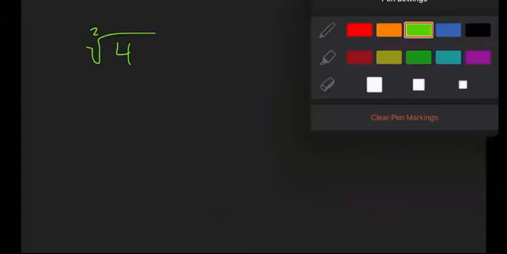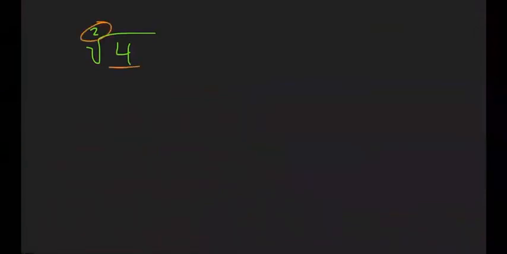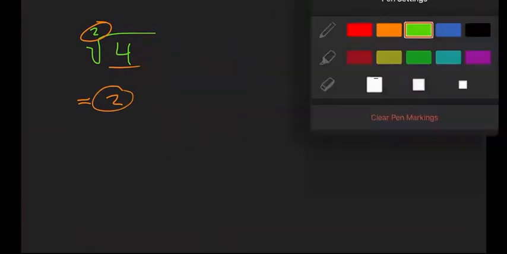Well, let's say we have square root of 4. Square root, you may be familiar with. It's saying what number multiplied 2 times gives you this number on the inside. What number multiplied 2 times gives us 4? That'd be a 2. How about cube root of 4?